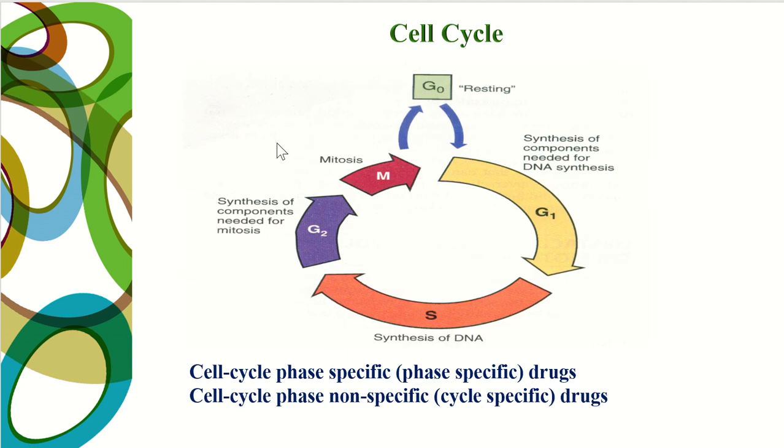All right, so let's talk a little bit about the cell cycle. So we have our G0, which is our resting phase, and then that goes to G1, which is the synthesis of components needed for DNA synthesis. And then the S phase is synthesis of DNA, and then the G2 phase is synthesis of components needed for mitosis.